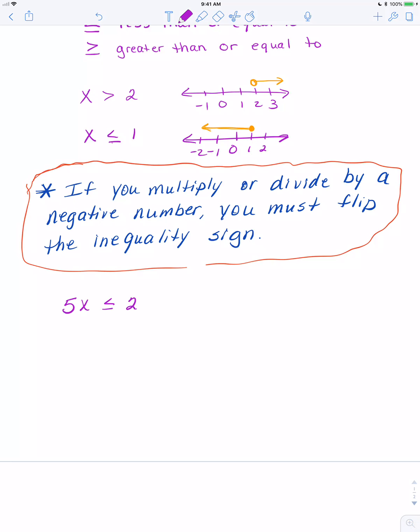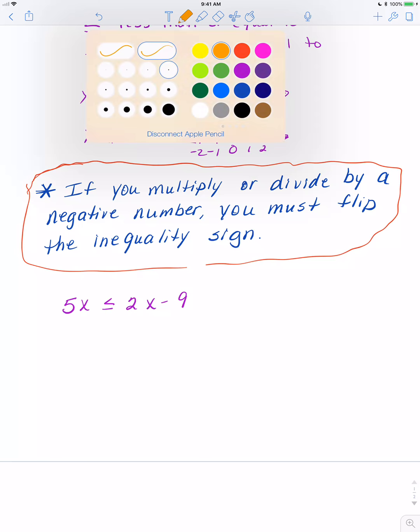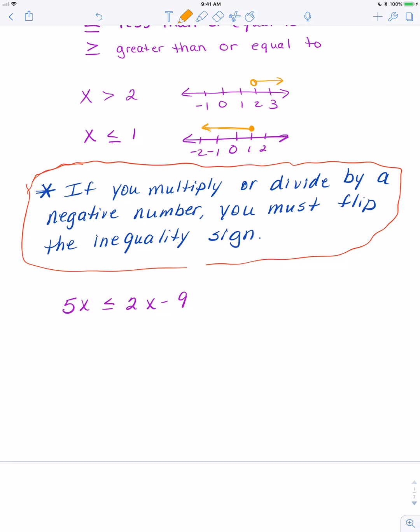Let's just do a couple where we're solving. 5x is less than or equal to 2x minus 9. And just like I said, we're just going to solve it like it's any equation. We do the opposite function in order to get our x's all together and start solving for that x. So in this case, we're going to subtract 2x from both sides.